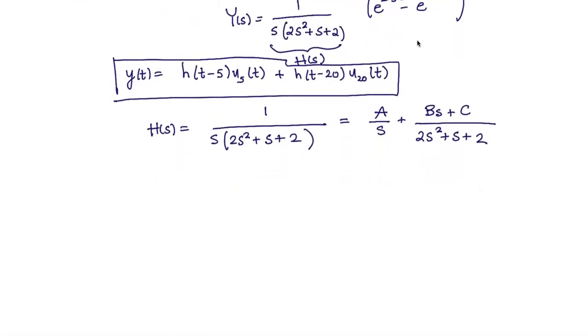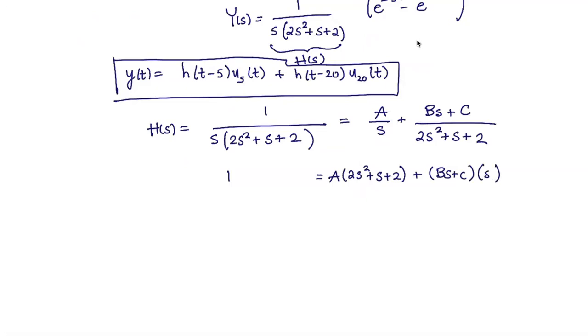I'll go through the partial fractions in this particular case as it may prove to be instructive for some. When multiplying through by the common denominator, I will end up with 1 is equal to A times 2s squared plus s plus 2, plus Bs plus C times s.